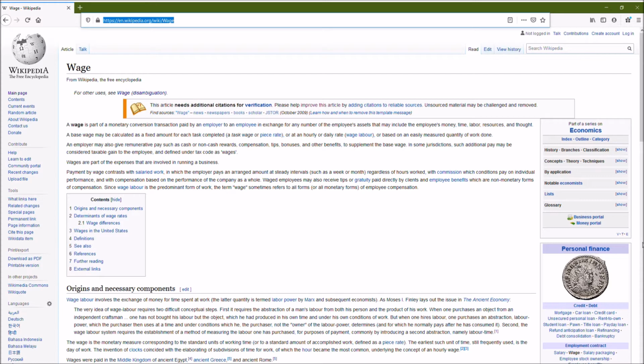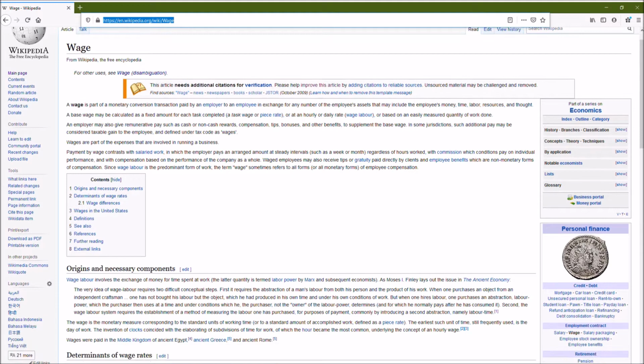Waged employees may also receive tips or gratuity paid directly by clients and employee benefits, which are non-monetary forms of compensation. Since wage labor is the predominant form of work, the term wage sometimes refers to all forms of employee compensation.